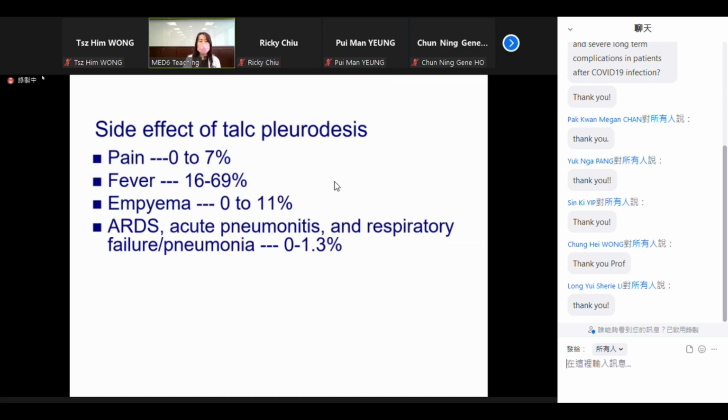And as we are instilling foreign material into the pleura, there's still a risk of infection causing empyema. The most concerning side effect of talc pleurodesis is acute respiratory distress syndrome, but the quoted percentage is very small, less than 1%.